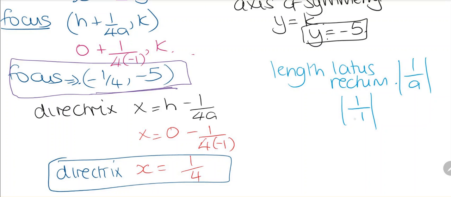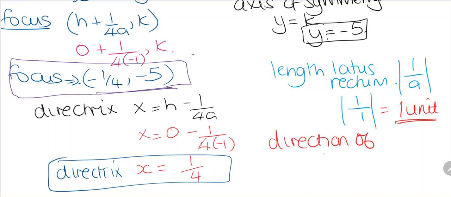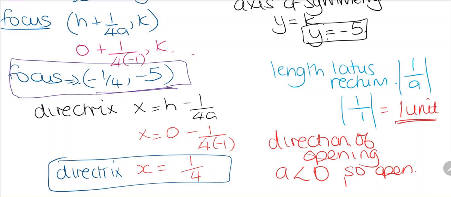Remembering this is going to be positive, so it's going to be 1 unit in length. Next, the direction of the opening: we've got a is minus 1, so it's less than 0. So it's going to open to the left.